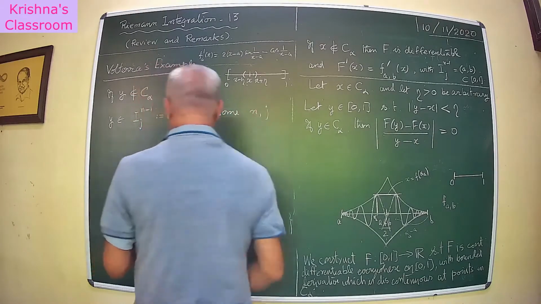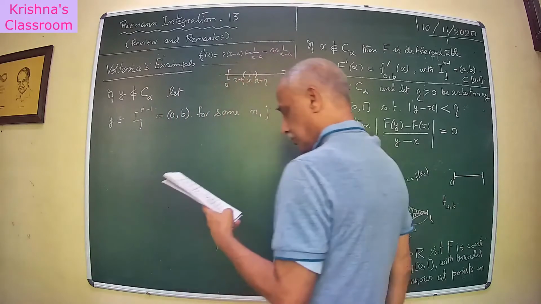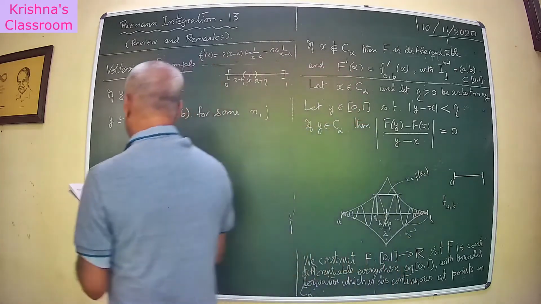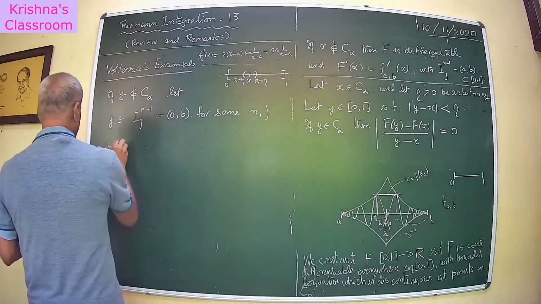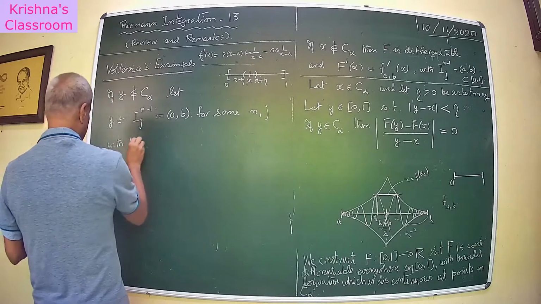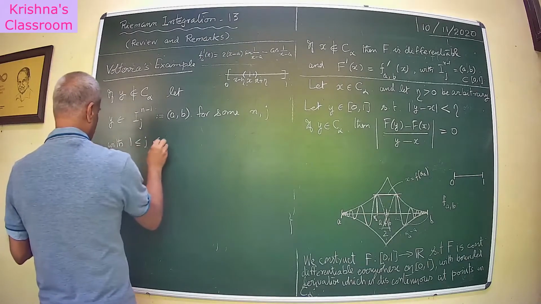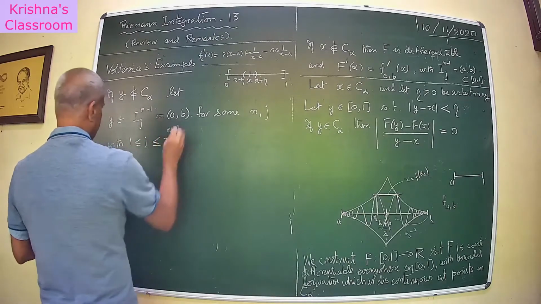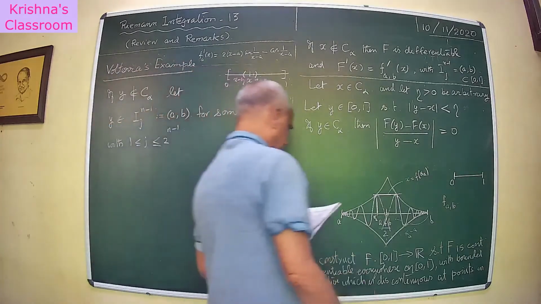This is clear, it has to be somewhere here, in I_{n,j} with 1 less than or equal to j less than or equal to 2 to the power n.